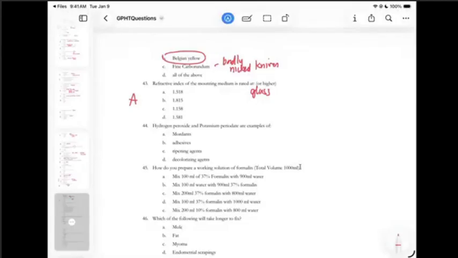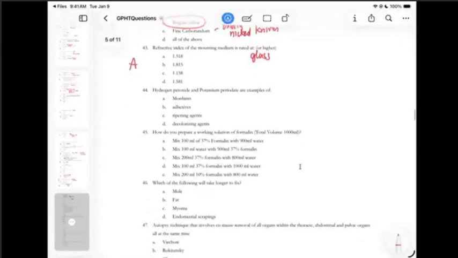So 1.518. Number 44, hydrogen peroxide and potassium periodate. These are oxidizing agents and very useful for artificial ripening. Ripening is useful for hematoxylin.